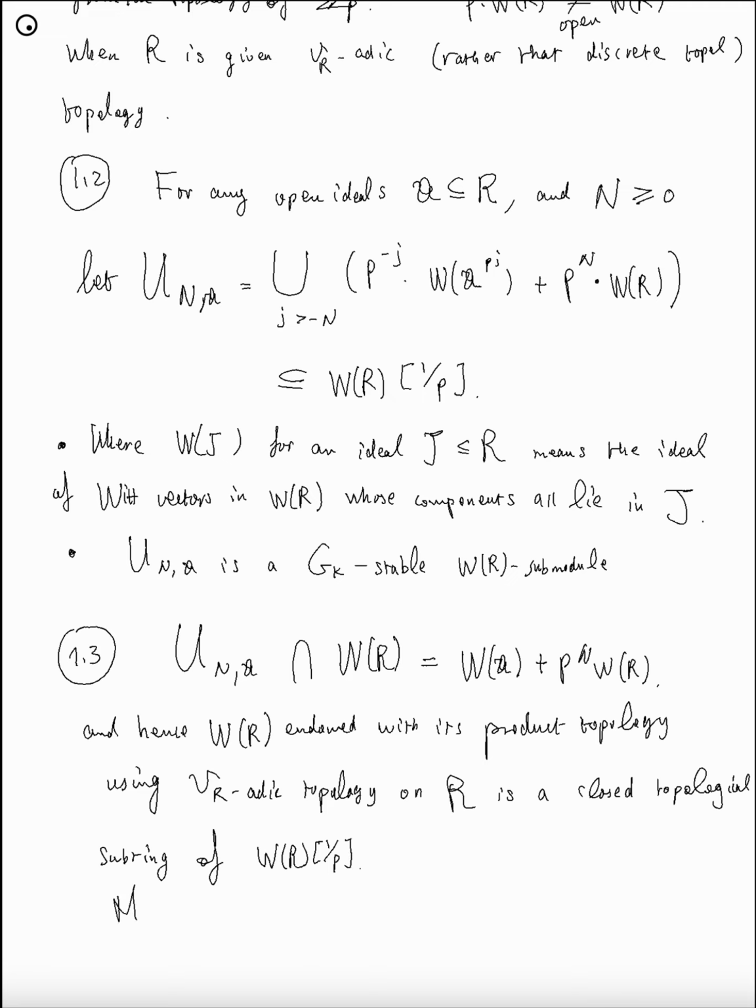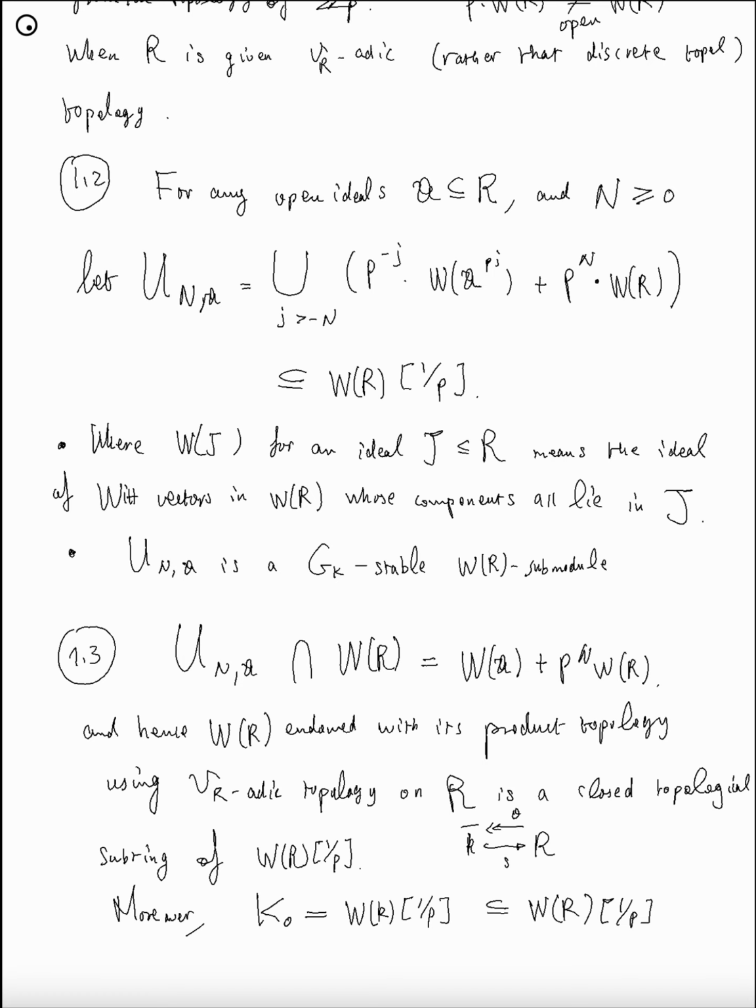Moreover, if we look at K0, W of small k, the residue field containing here, because recall that we have a section that makes this possible. Actually, we have a projection to the residue field and a section gives the embedding.